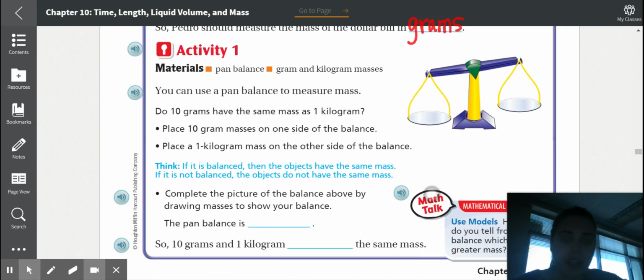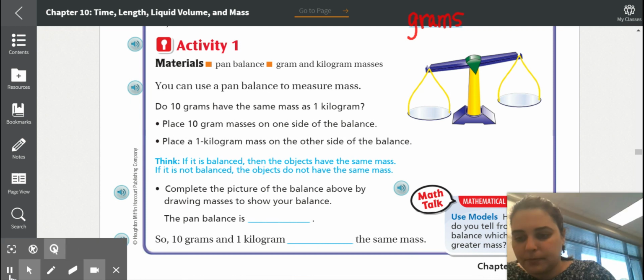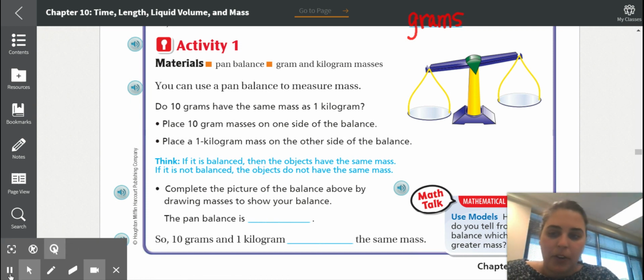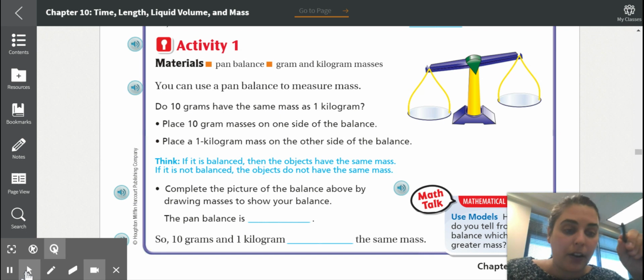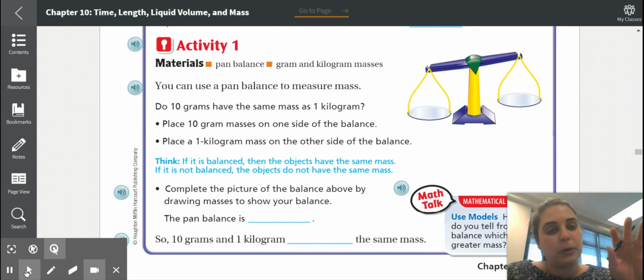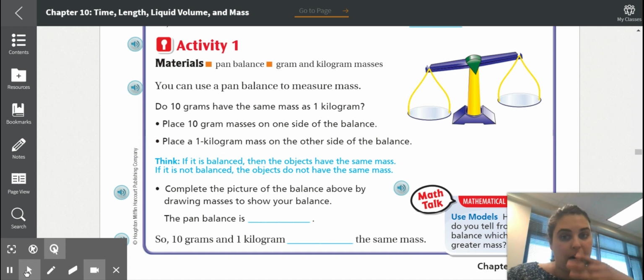Okay, so over here, this is called a pan balance, okay? And if we were in school together doing this lesson, you guys would be working in small groups and using one of these to actually measure and estimate. But since we're not together, I've included another video, called How to Use a Pan Balance Scale or something.